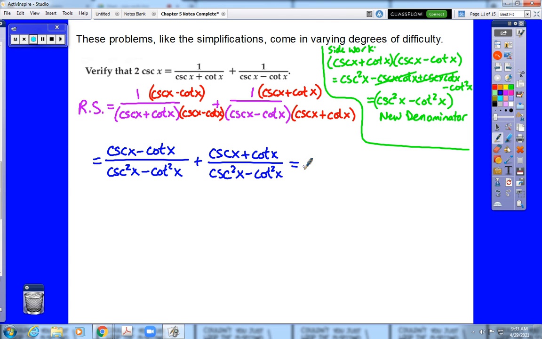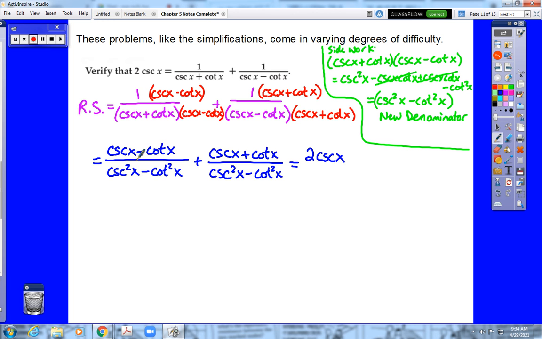Again, the point being to get a common denominator so that I can add these numerators together. Now, when I add the numerators together, cosecant plus cosecant is 2 cosecant x. Negative cotangent plus cotangent drops out of the equation. So I'm left with 2 cosecant x over cosecant squared minus cotangent squared.